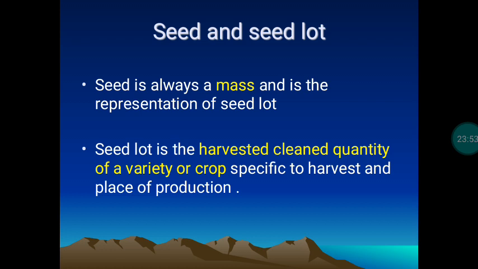If it is a seed lot, you must know what a seed lot is. So a seed lot is the harvested cleaned quantity of a variety. One seed lot should be of a known variety, harvested from a particular field. Let me give you one example. In the case of paddy, the popular variety is IW Ponni, improved white ponni.